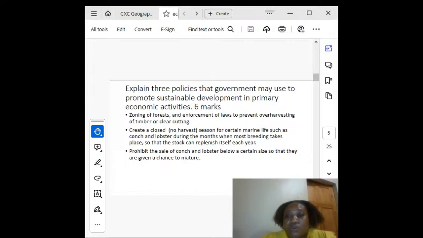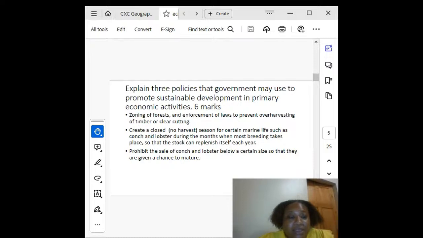Especially, you also want to put a limit on the size of the fish that they can harvest, right? You don't want to constantly be fishing and then you are taking all of the juveniles, which are the babies, the younger bred fish that do not repopulate. So you put policies and laws in place that would prevent fishermen from catching particular size of fish.